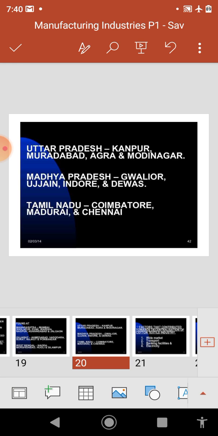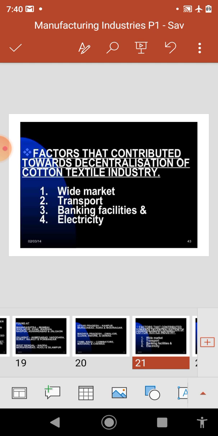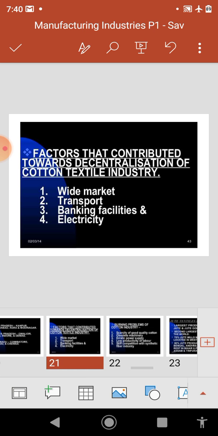Market, there is a ready market for the products coming from cotton textile mills of these states in India and abroad. Then capital. There is sufficient availability of capital through a good network of banking facilities which these states are enjoying.